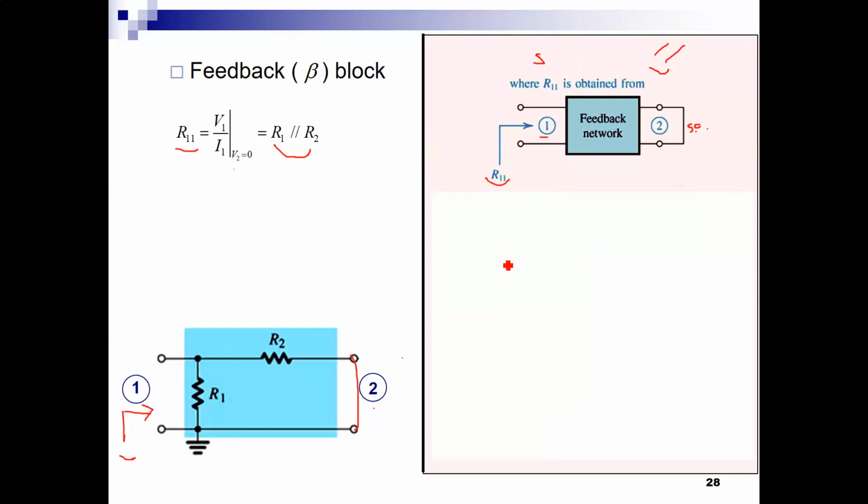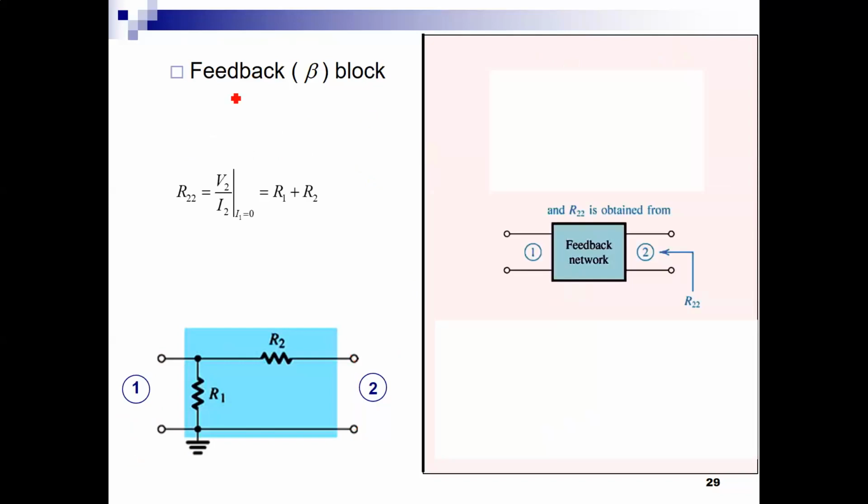Now R22. What we need to do is again bring the beta block, but we have to look from side number 2. Because this is a series-parallel, the side that I'm not looking from remains open, so this is an open circuit.